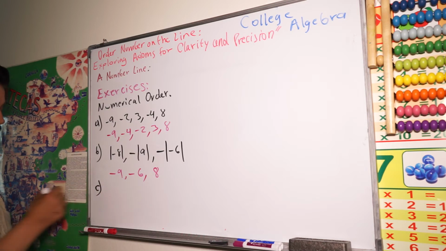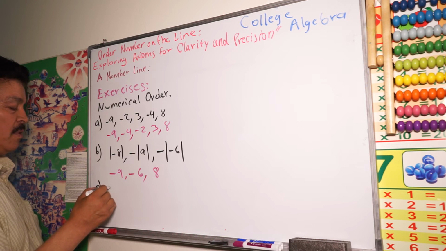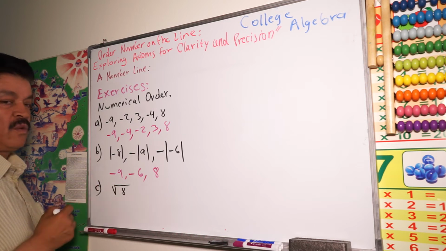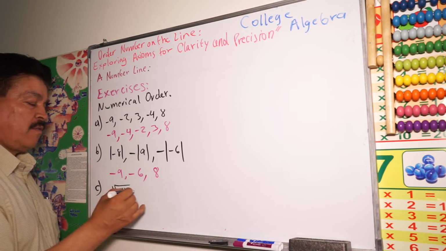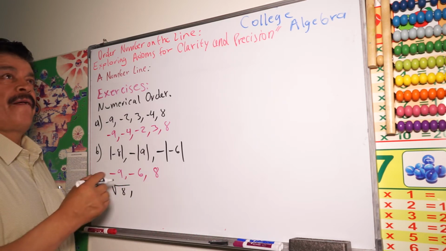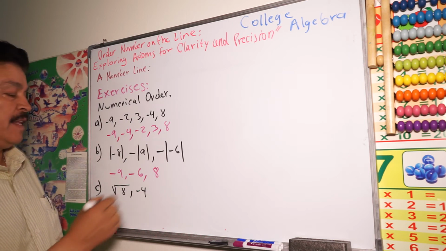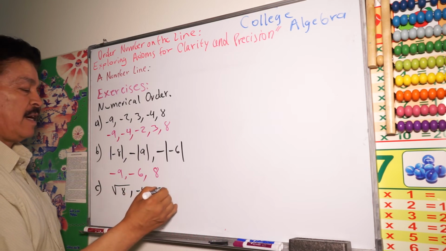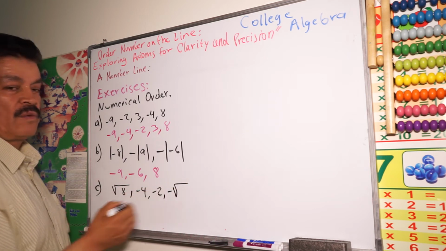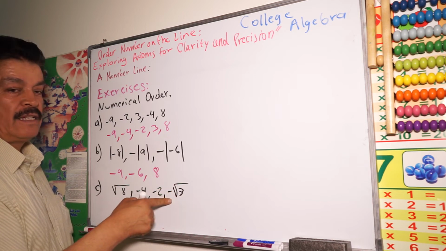Let's do another one. It's a little bit more complicated, right? For example, square root of 8. So let's write, for example, negative 4 and negative 2. And then let's write the square root of 3, but negative, right?